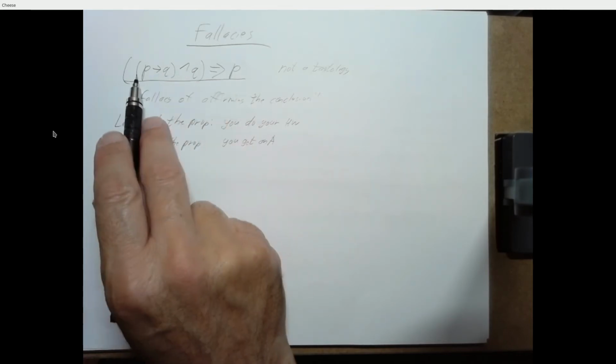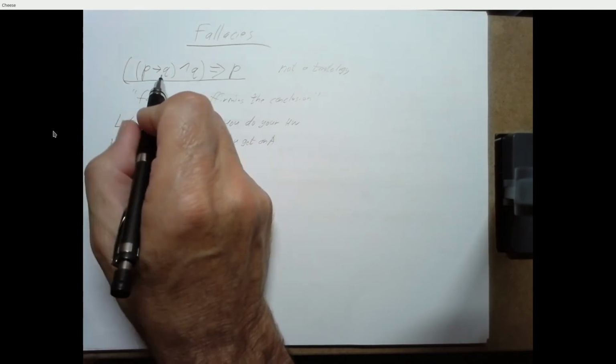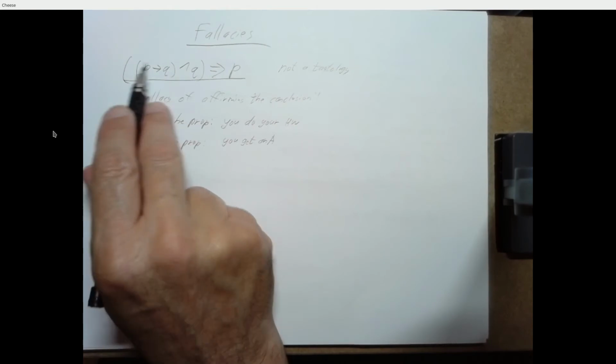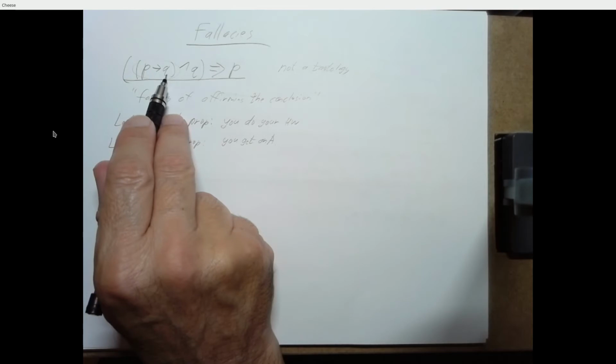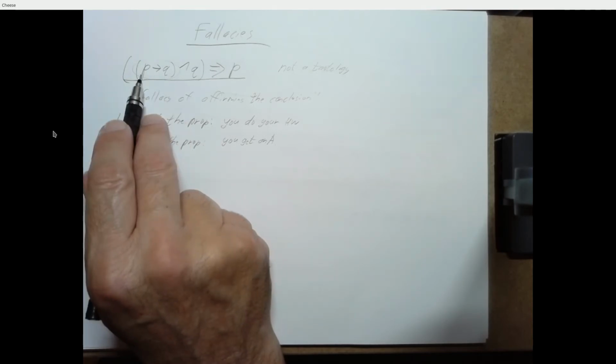So we can't conclude P from this, right? What we're trying to do is claim that if Q is true, then P must be true. And the arrow doesn't go in that direction, it goes in this direction. All we can say is that given that this is true and P is true, we can conclude Q. But knowing that Q is true does not mean that P is true.